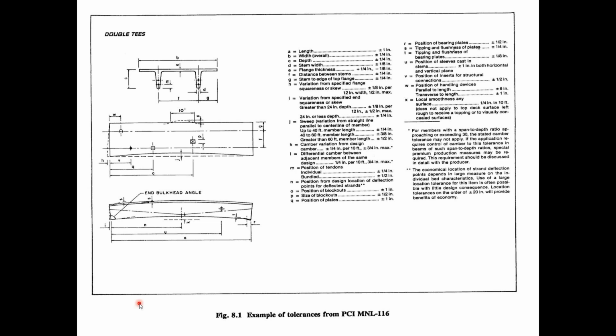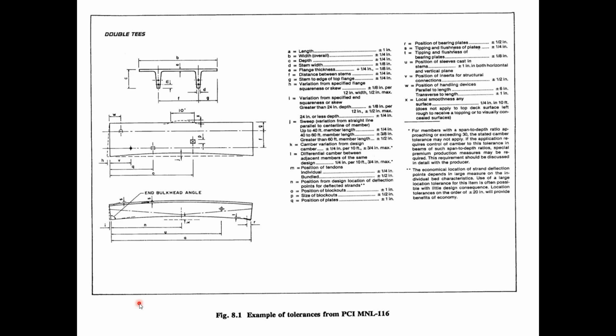Then it tells you, using these letters, which dimensions are what, and on the right hand side of the page, for dimension A, for instance, the length of the double T, you have a tolerance of plus or minus 1 inch. So these are the PCI tolerances.